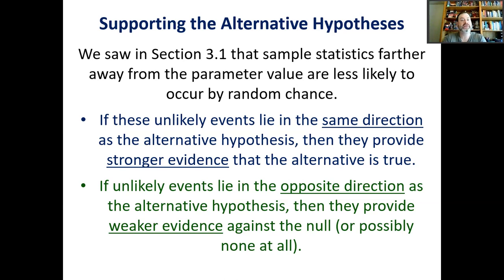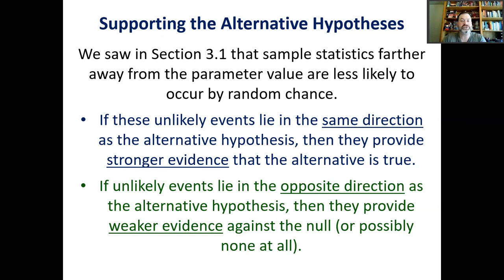The caffeine finger tap rate in the sample was higher than the placebo finger tap rate in the sample. So that gave us some evidence, or it was stronger evidence when compared to that other graph. If unlikely events lie in the opposite direction as the alternative hypothesis, then they provide weaker evidence against the null, or possibly none at all.